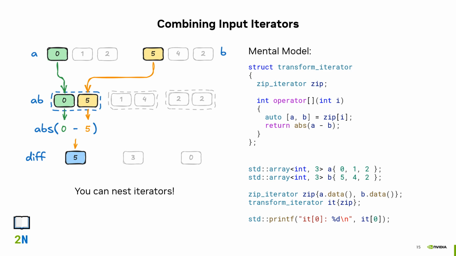That's exactly what we needed for our maximum difference algorithm. If we pass the transformed zip iterator to a reduction algorithm, it'll treat it just like a regular pointer and read values as usual. But under the hood, every access fetches 2 elements, computes the absolute difference, and hands it over. All of that without writing those intermediate differences back to memory.